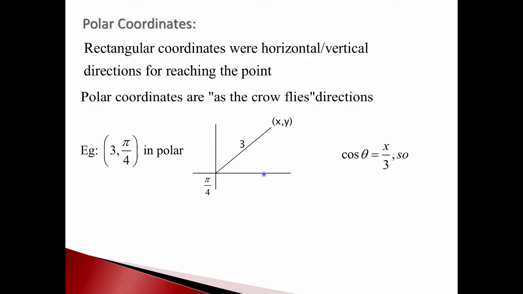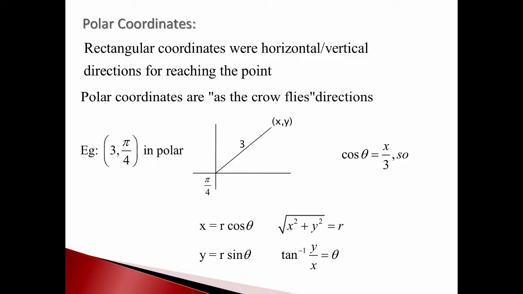Well, if you think about this for a second, cosine of theta, cosine of my angle, would be, in this case, x over 3. 3 is the hypotenuse. x is the adjacent. So if we needed some conversion formulas to turn polar coordinates into rectangular coordinates, we could get those because we move the 3 to the other side of the cosine, and we get x is 3 cosine theta.